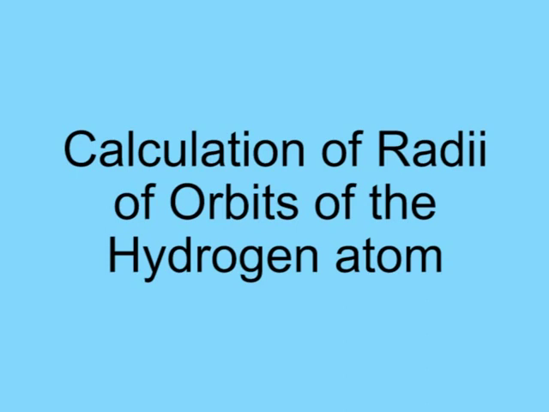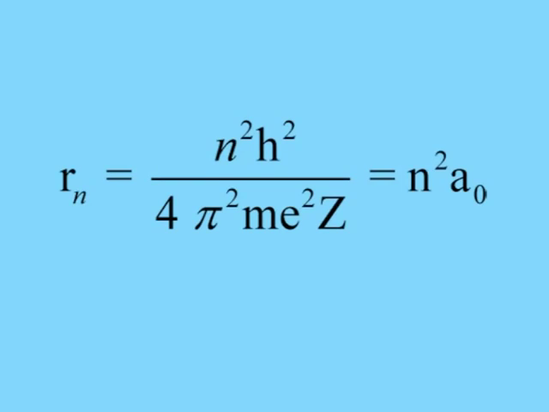Let us discuss how Bohr model helps in the calculation of radii of orbits of the hydrogen atom. Using the formula shown here, radius of orbit can be calculated.